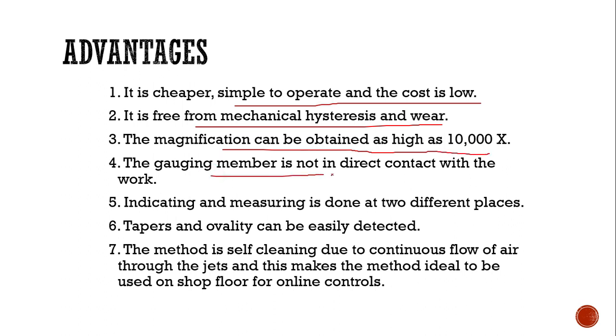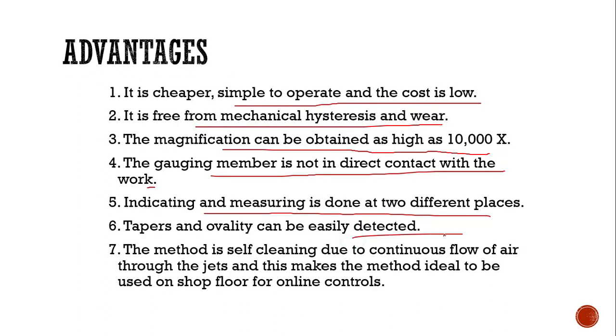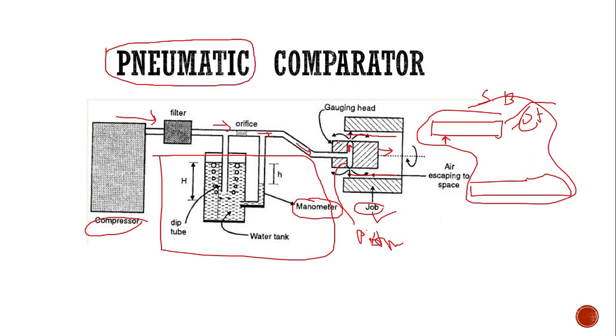The gauging member is not in direct contact with the work. Indicating and measuring are done at two different places. Tapers and ovality can be easily detected. For tapers, as we are moving this, we will be able to judge the back pressure. In case of a taper, the back pressure will be continuously increasing because the dimension will be reducing.